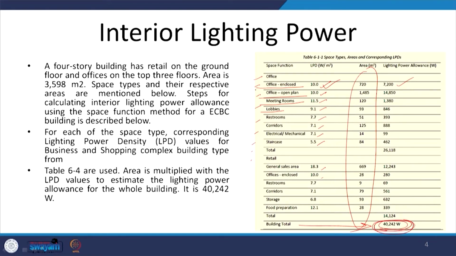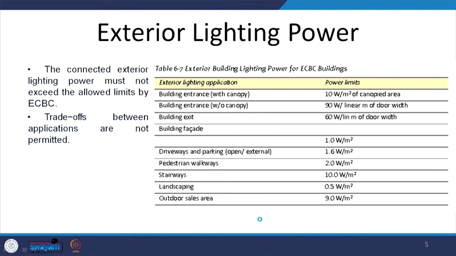So, instead of meeting the individual spaces, we can achieve the LPD as prescribed for the total building. So, within interior lighting power, there are these two approaches: the space function method and the building area method.